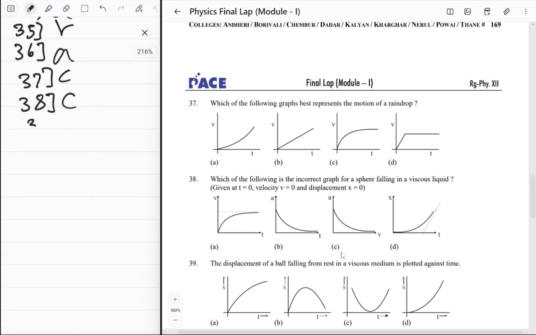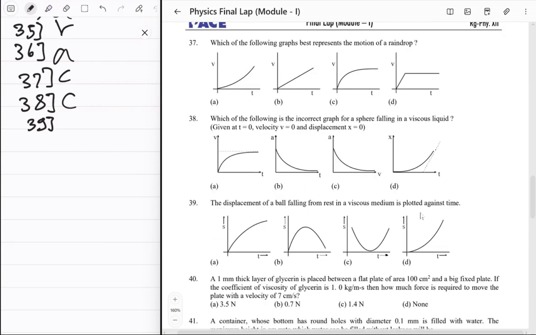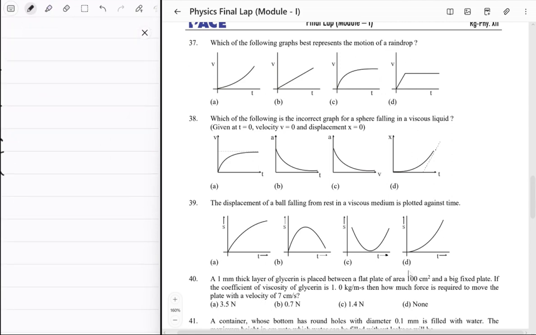38, 39 करते हैं. Displacement of a ball falling from rest in viscous medium is plotted against time. Seriously. अब तो तुमने मुझे डी दे ही दिया तो मैं वही इसमें छाप दूंगा ना. What's the big deal? Right? मतलब ठीक है, वापस इक्वल कर लेते ना. G minus k times v is equal to g e power negative kt था ना.